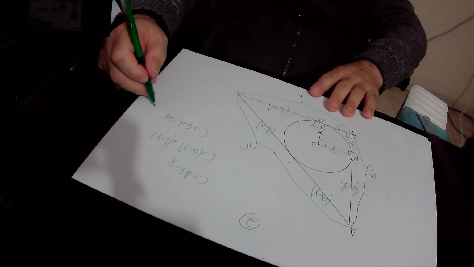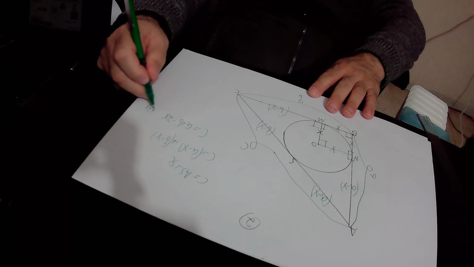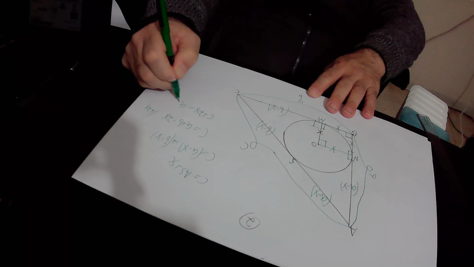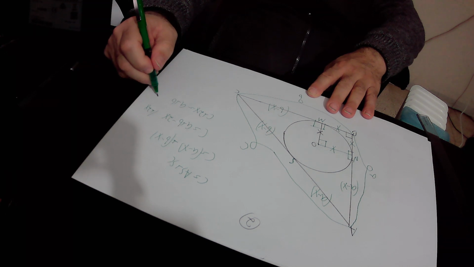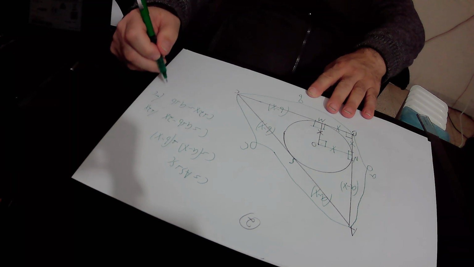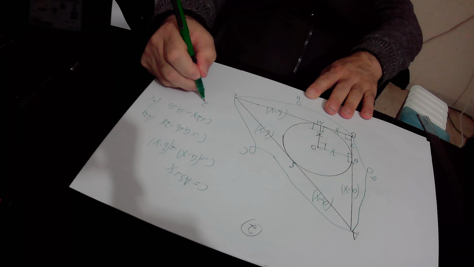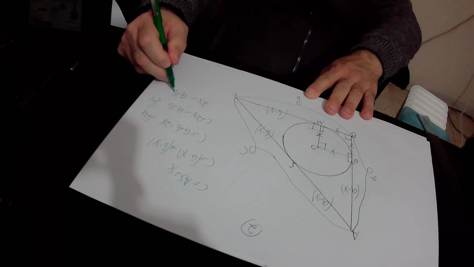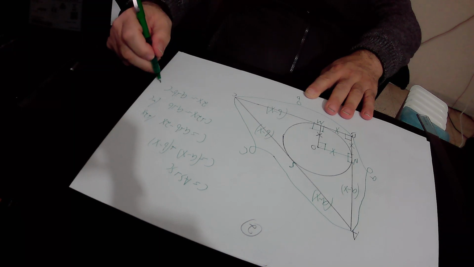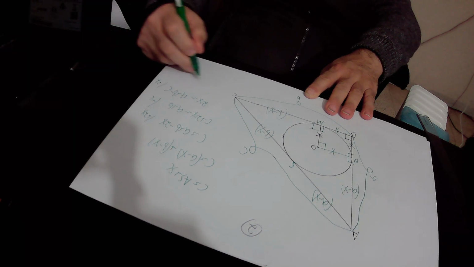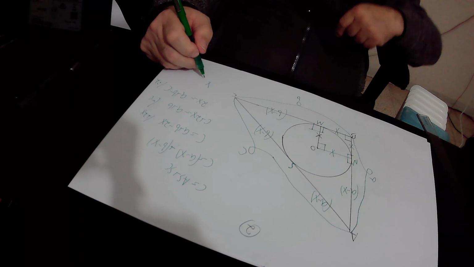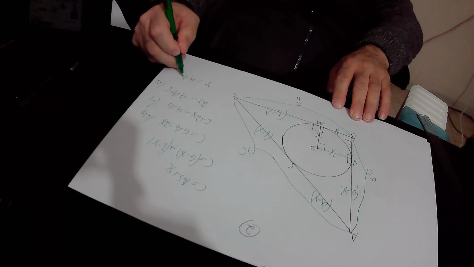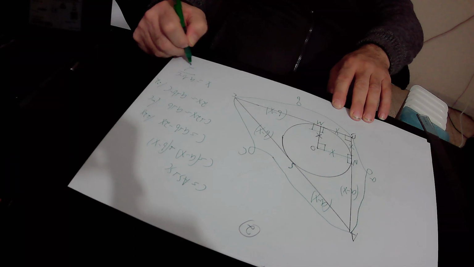We add 2X to this equation and we get that C plus 2X equals A plus B. We subtract C from this equation and we get that 2X equals A plus B minus C. We divide this equation by 2 and finally we get that X, that is the radius of this circle, equals A plus B minus C over 2.